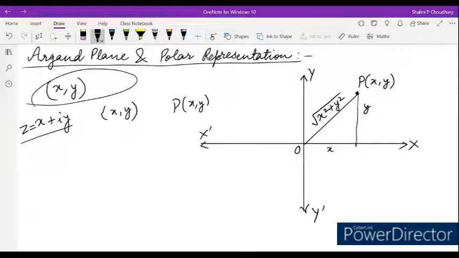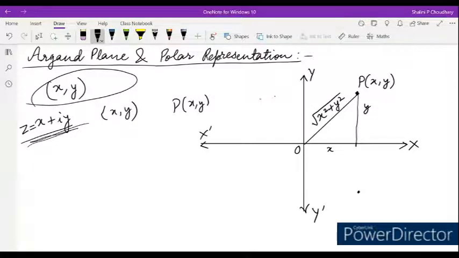So basically the Argand plane is the plane having a complex number assigned to each of its points. If we take any point in the Argand plane, that will be a complex number. Each and every point represents a complex number.